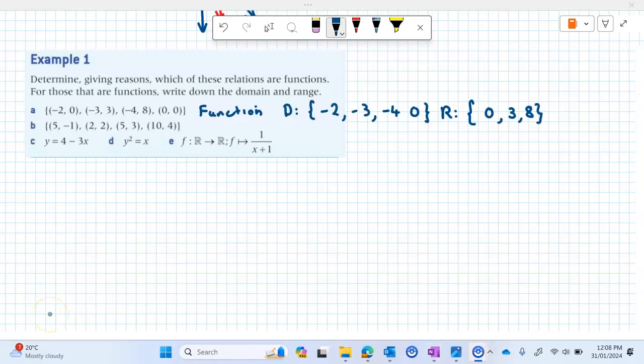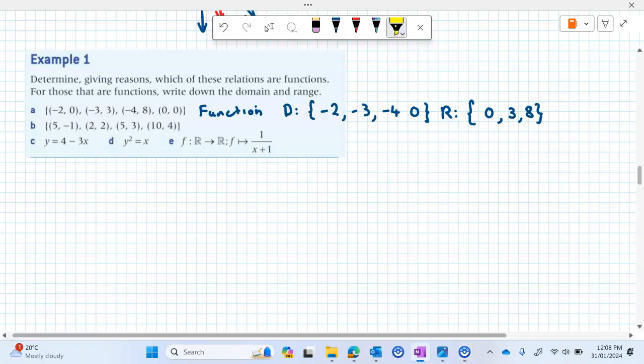The second one though, if we look carefully, 2 of the points have the same x coordinate and a different y coordinate, which means that an x value is mapping to 2 different y coordinates. So this is not a function. The third one, well, that's a straight line.